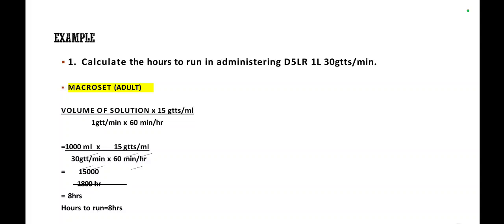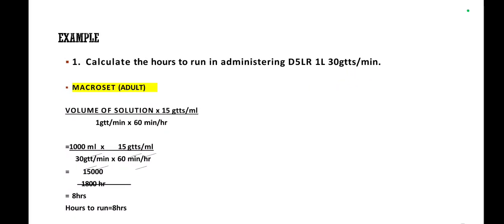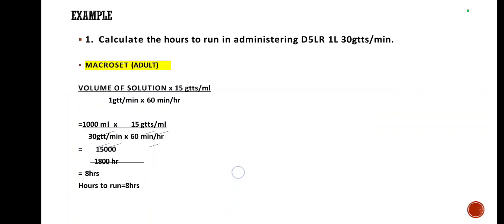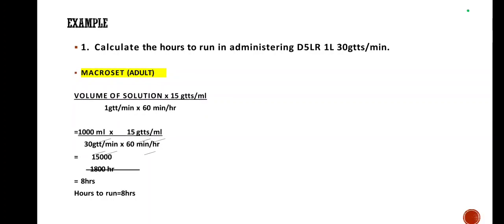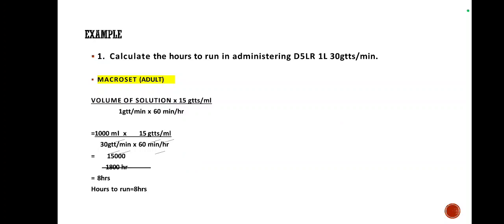So we have 1000 times 15 drops per ml, divided by the 30 drops per minute, because this is the prescribed rate of the IV infusion, times 60 minutes per hour. So 15,000 divided by 1,800 equals 8 hours. Meaning D5LR 1 liter should be run within 8 hours.